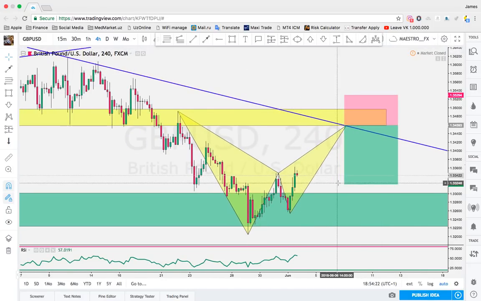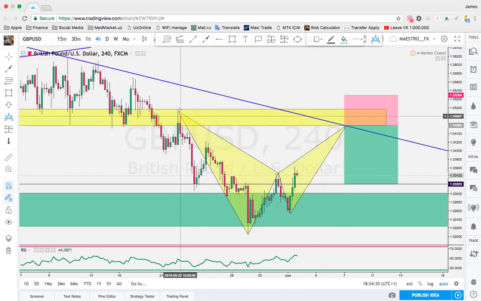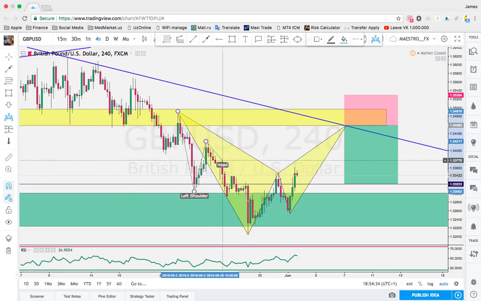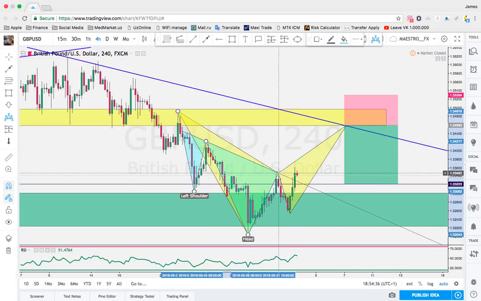Why am I marking this zone as a major zone? Because if we look here, we may form an inverse head and shoulders. Left shoulder, neckline, head, neckline.